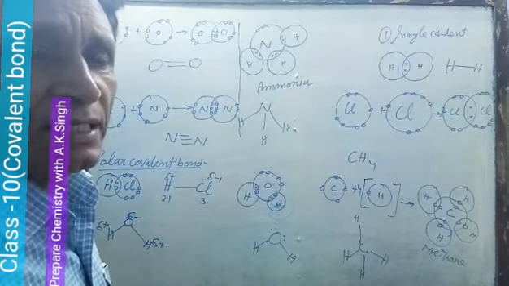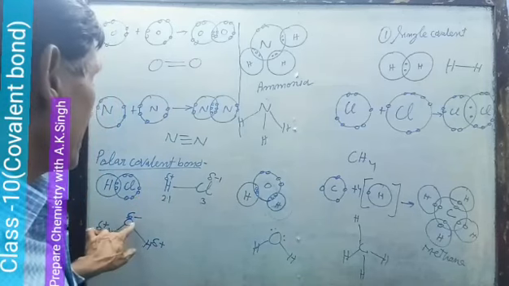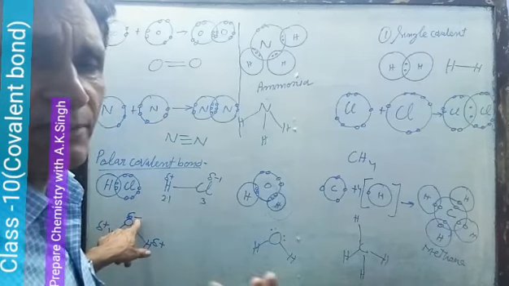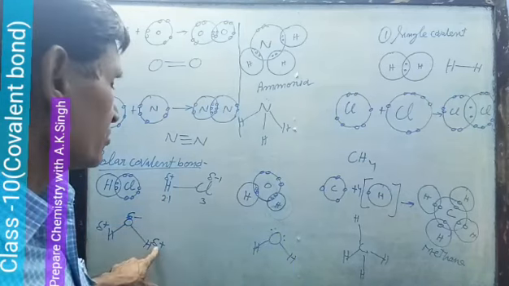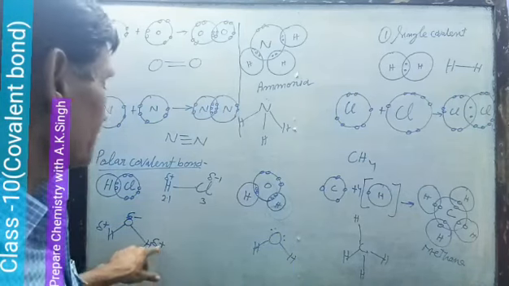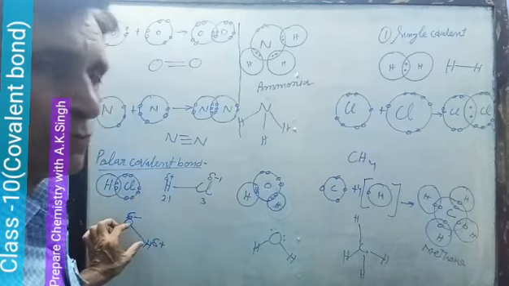The shared electron pair gets shifted towards the oxygen atom. As a result, oxygen develops a partial negative charge and hydrogen develops a partial positive charge. That is, water is a polar molecule. The bond is polar.